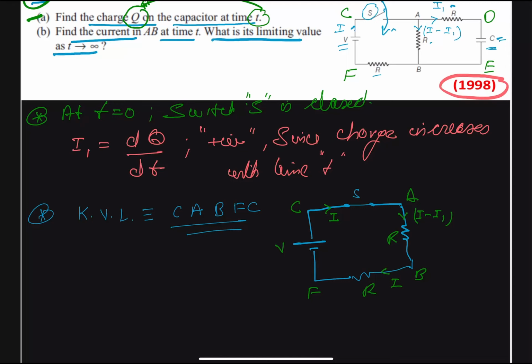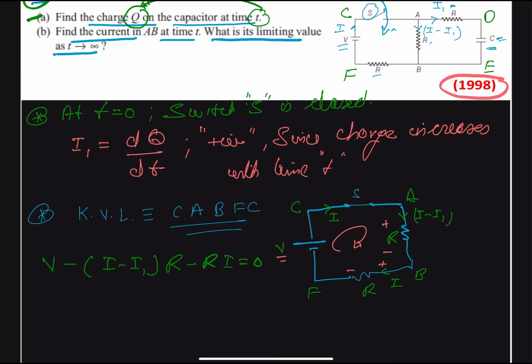So we can just mark the polarities with respect to the current. So this will be positive, negative, positive, negative, and let us take the loop direction in this way. So we start with the supply voltage, so that is a rise in potential. Therefore we can say that V, and then this comes as minus, we have (I minus I1) times R, and this is minus R times I is equal to 0.